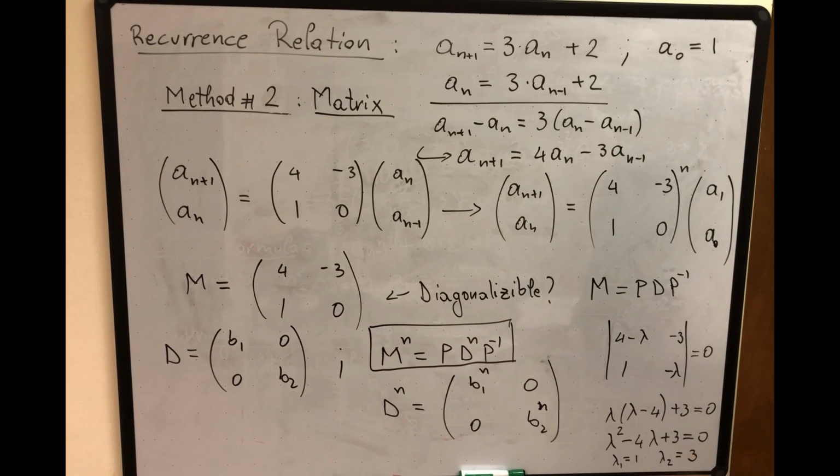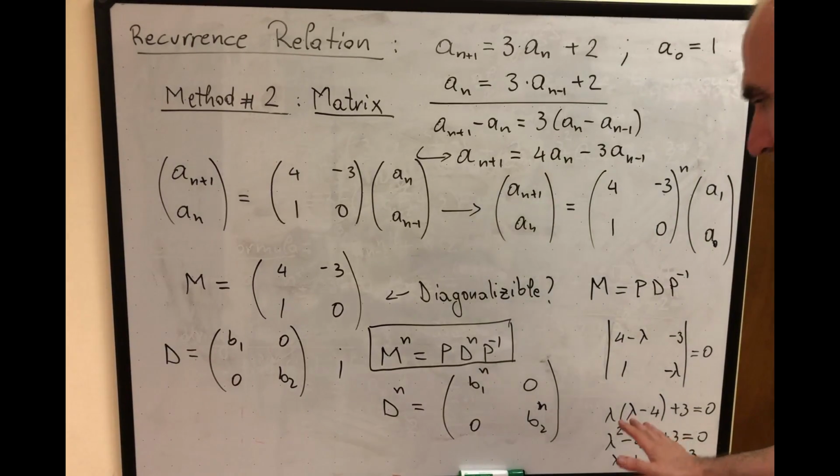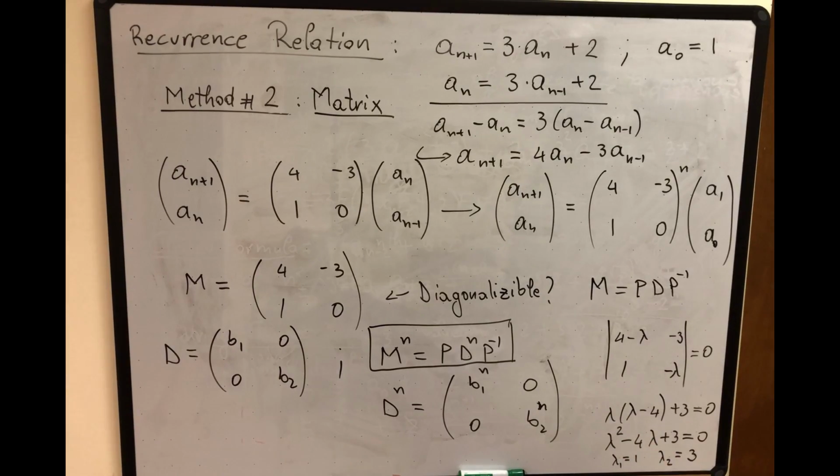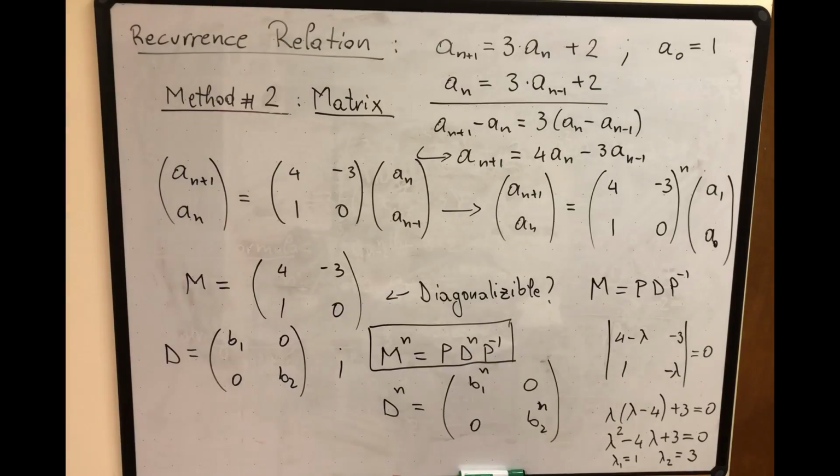Solving that, you arrive at a second degree equation, lambda squared minus 4 lambda plus 3 equals 0. The solutions for this are 1 and 3. It's very easily checked. So from here, we can conclude that our matrix M is diagonalizable.